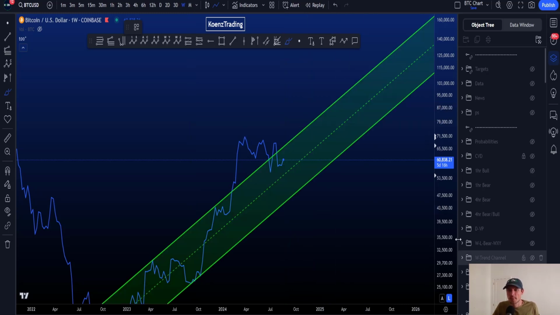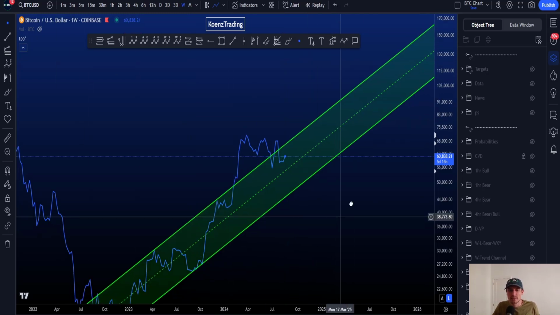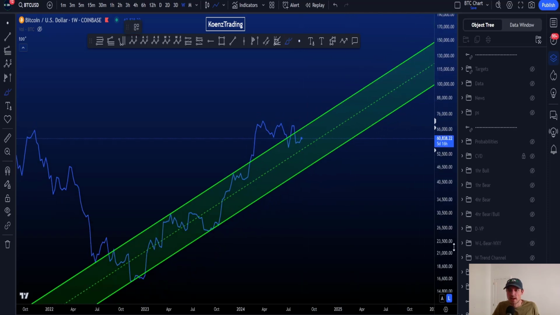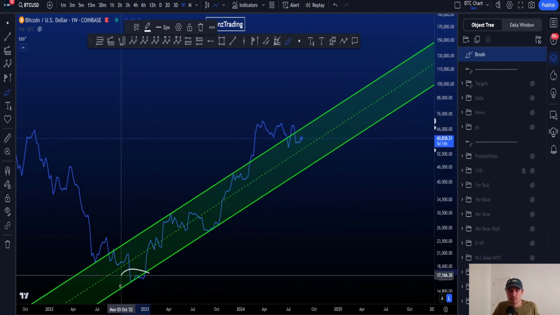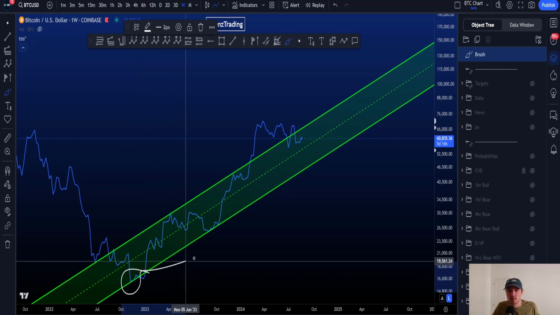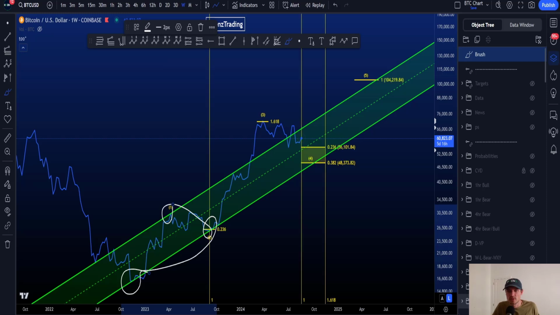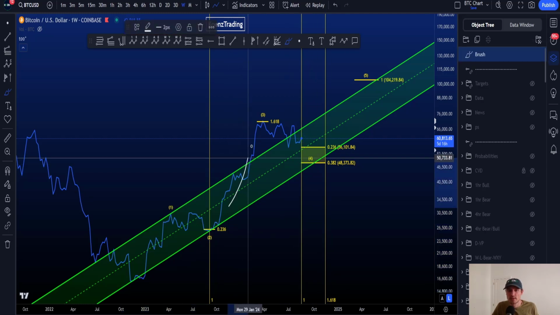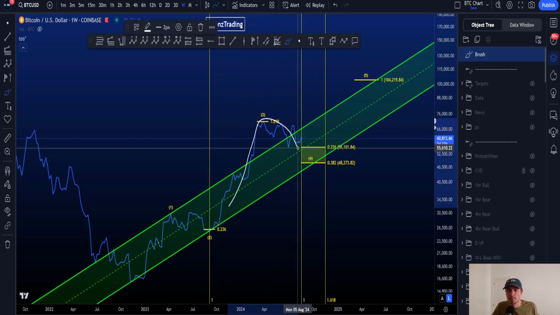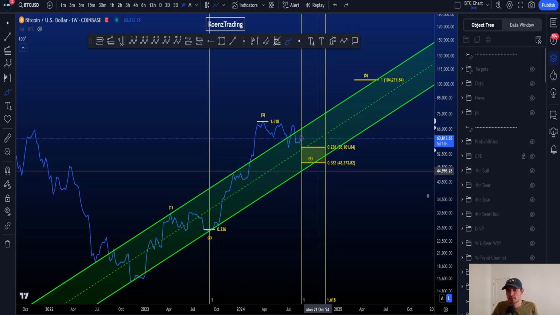Now this, what you see on the chart, is a base channel, and a base channel is taken from the low, the start of a wave 1, to the end here of a wave 2 to the end of a wave 1. We are talking about this scenario over here. Now what you like to see is a wave 3 to move above the base channel and a wave 4 to come back to the base channel, which has happened so far.